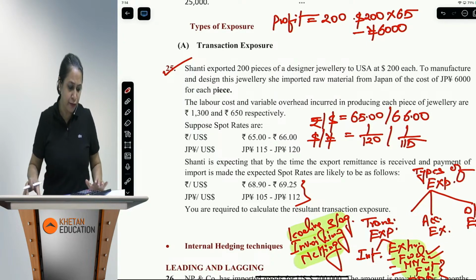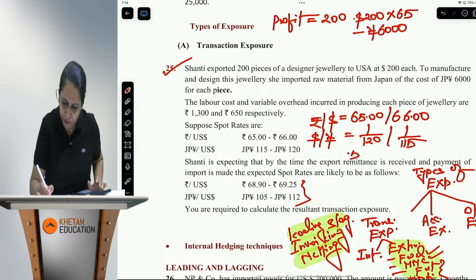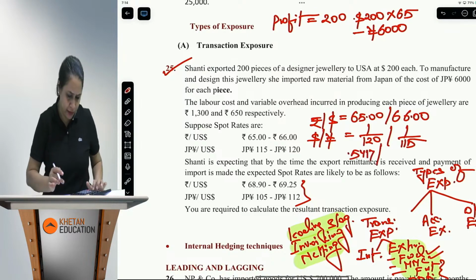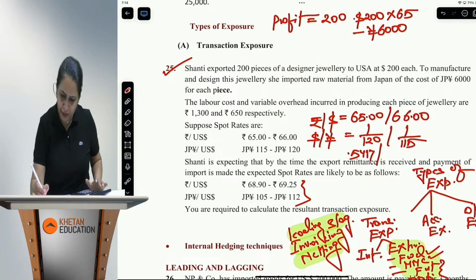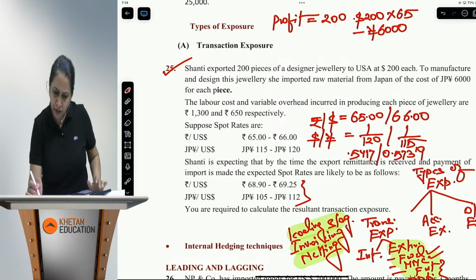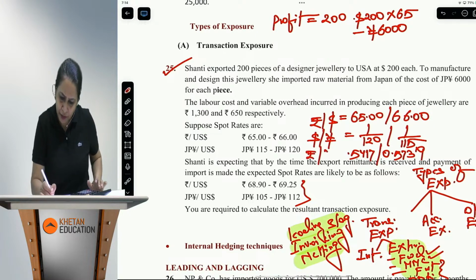That gives me 0.5417, and then 66 divided by 115 will give me 0.5739. So this rate is basically rupee per yen.